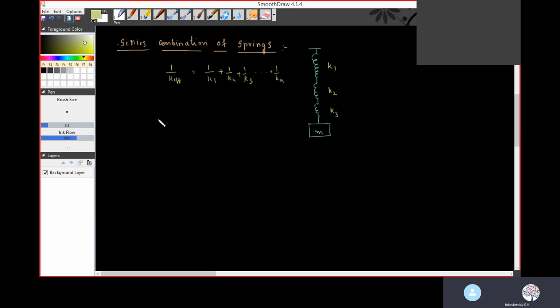Now, if they have the same spring constant, then K effective is equal to K by N. If the force constant is the same for all of them, then K effective is equal to K by N. This is series combination.